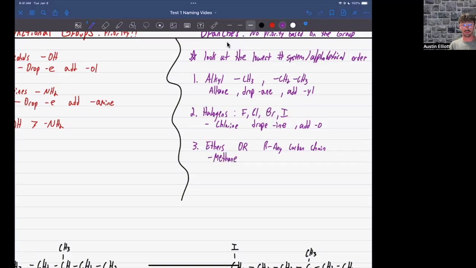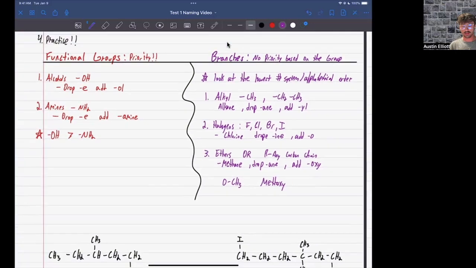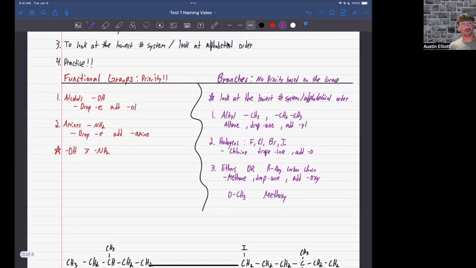When you have an ether, you once again drop the A and E, but now we add OXY. So methane goes to methoxy. And that's a crash course on the functional groups and the branches.